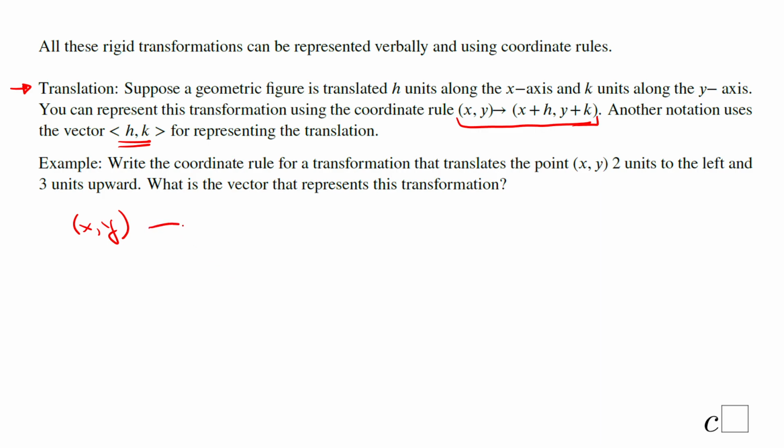So I'm going to show you what I usually do. I'm looking at this, 2 units left. Whenever you say 2 units left in the vector form, that means -2, you're moving to the left, and 3 units upward, you're moving up. That is +3. So remember this, left will be a minus, right will be a plus, and that goes with the x axis.